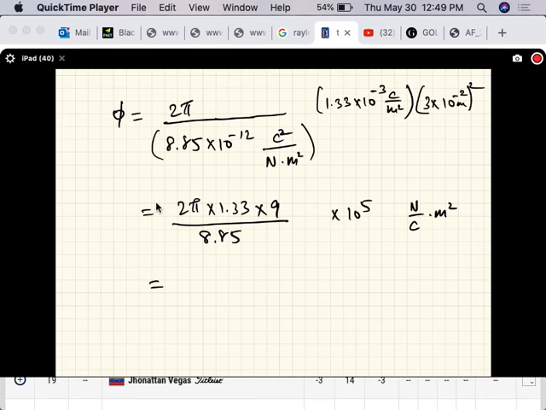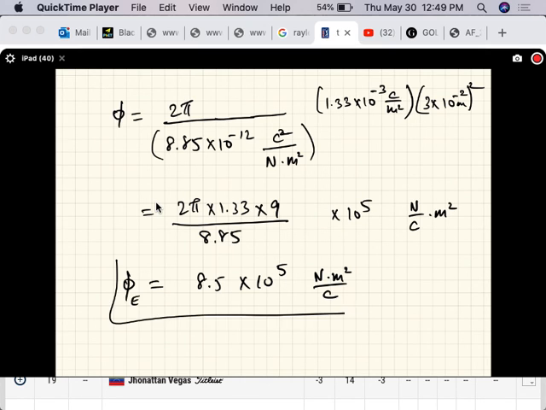Okay, so what does this work out to? And it's an electric flux.